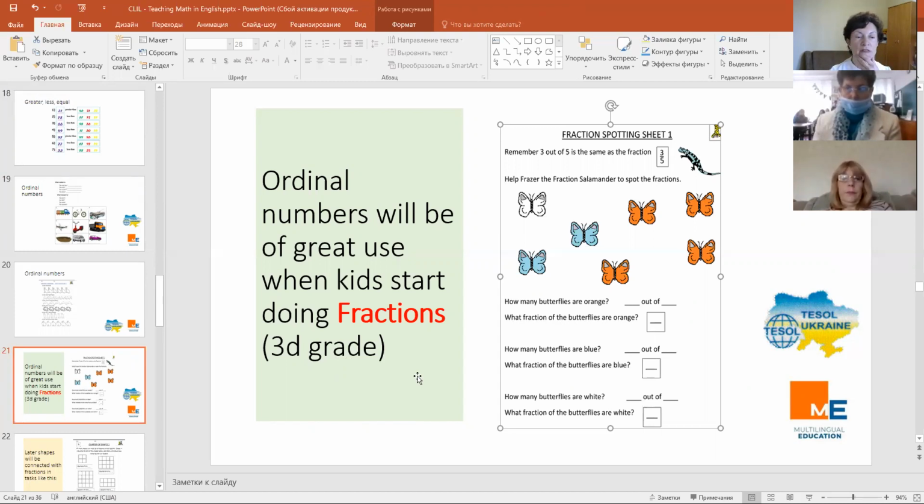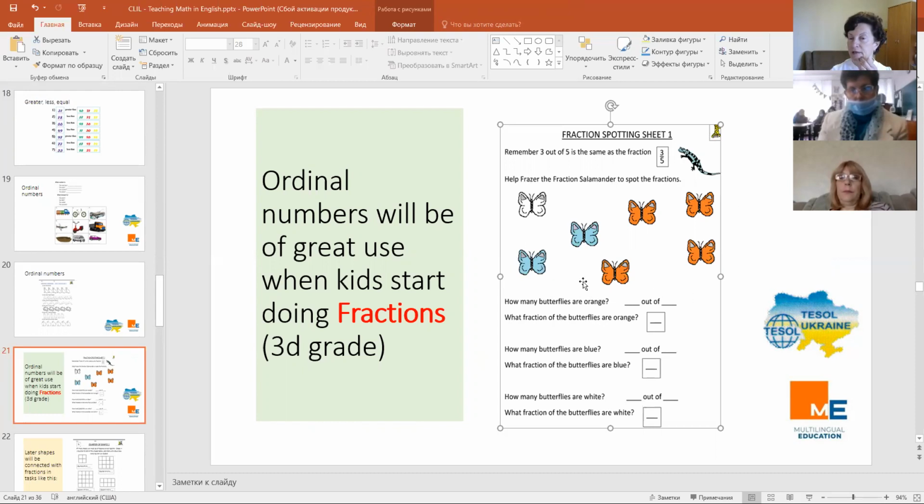But for the British schools, fractions start very early. They even do fractions in kindergarten, and they start with very simple operations.